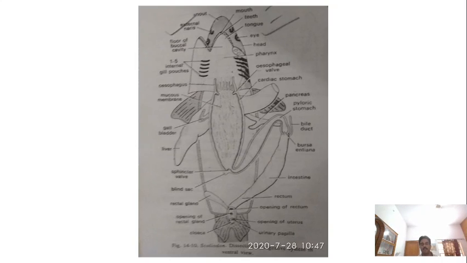Thick-walled muscular chambers present between the pyloric stomach and intestine are called bursa entiana. This is the structure present between the pyloric stomach and intestine. So the next structure in the digestive system is the intestine. You can see here, this is the intestine, and the bursa entiana is followed by the intestine.